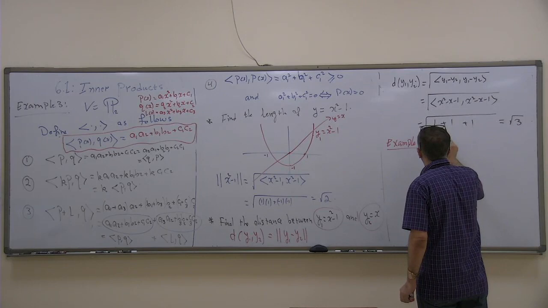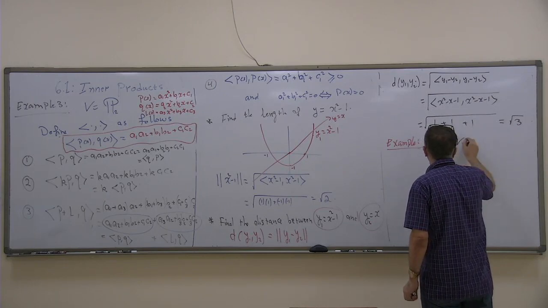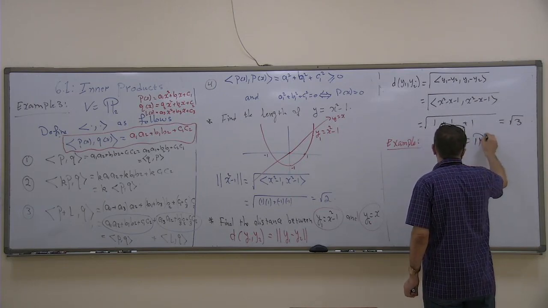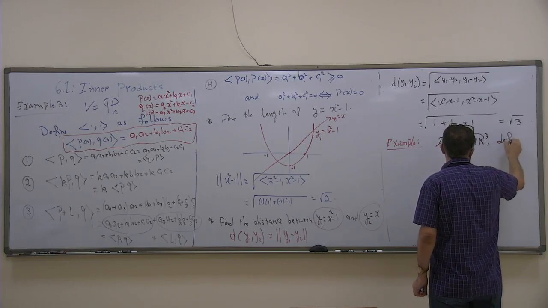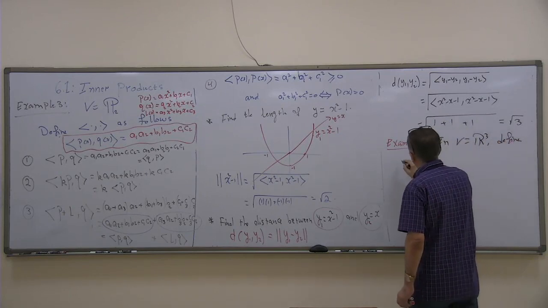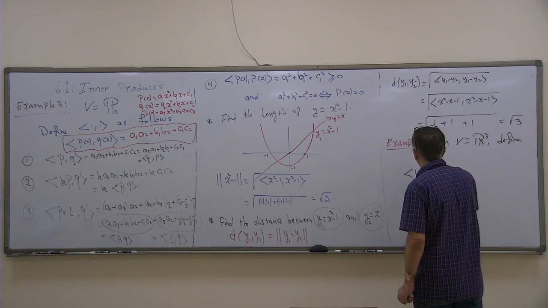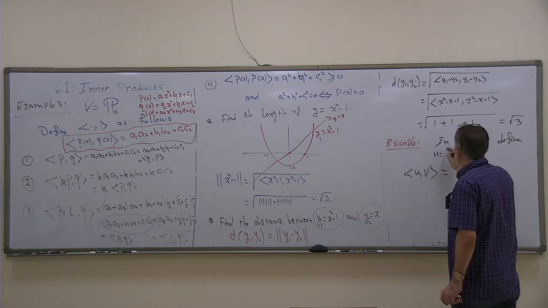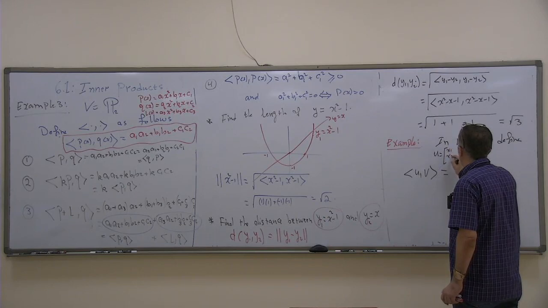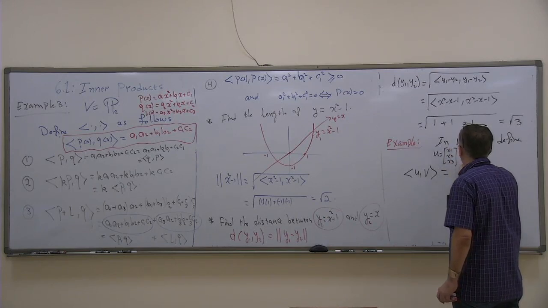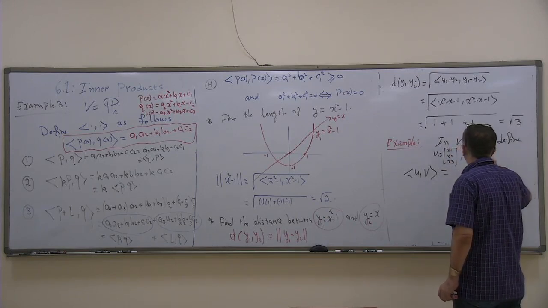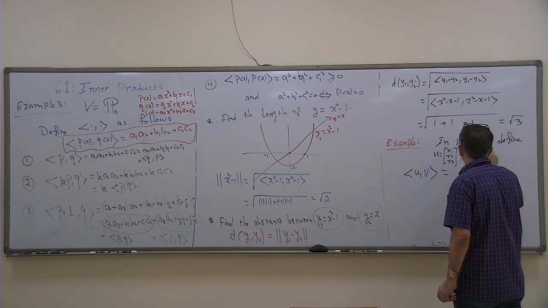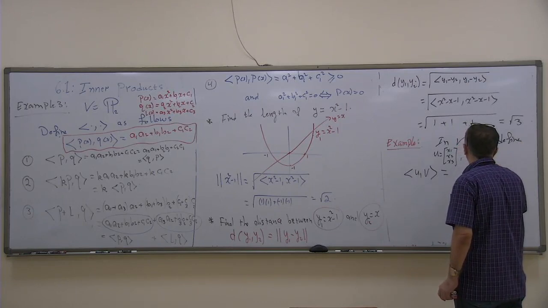On this vector space, V equals R3, define the inner product of U and V as, so my U is as before, x1, x2, x3, and my V, y1, y2, y3.